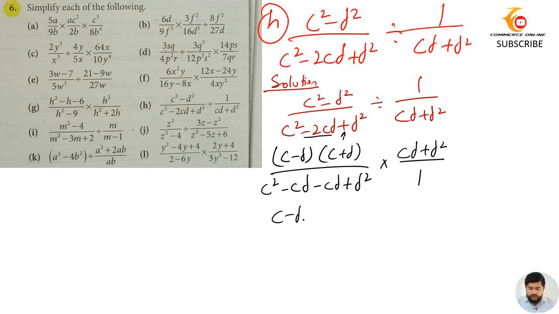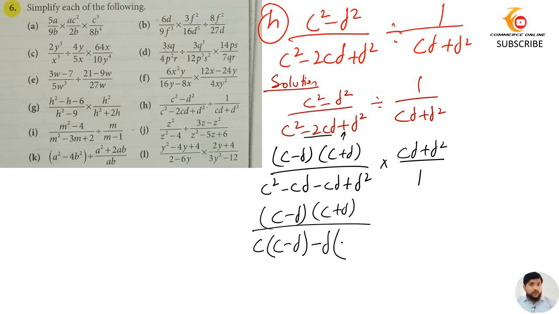Now c minus d and c plus d here, we have c common here, so the remainder will be c minus d. Now cd plus d square, and d in common, so the remainder will be c plus d divided by 1.